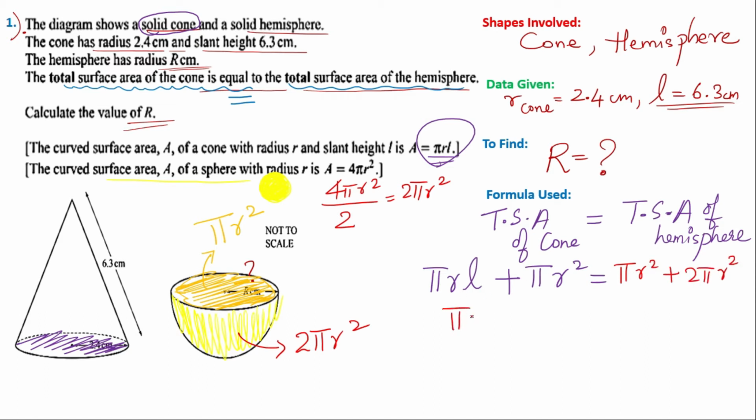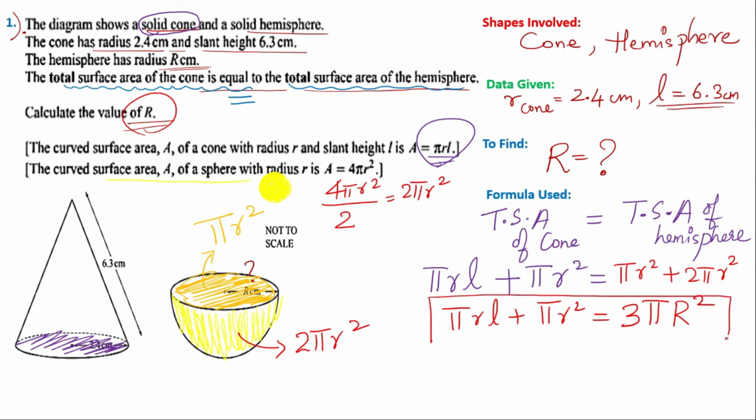So I have pi RL plus pi r squared equals 3 pi R square. Now I'll be replacing the radius of the hemisphere with the capital R. So my equation is ready, which needs to be solved.